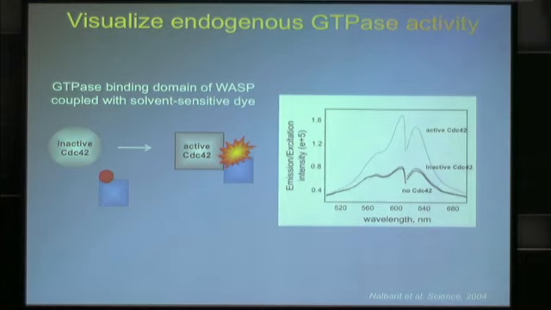So what happened in vitro with purified proteins is that when we had no CDC42 active, this fluorescent signal was basically the same as if there was no CDC42 at all. And if you had active CDC42 together with this probe, then the signal would increase almost twofold.